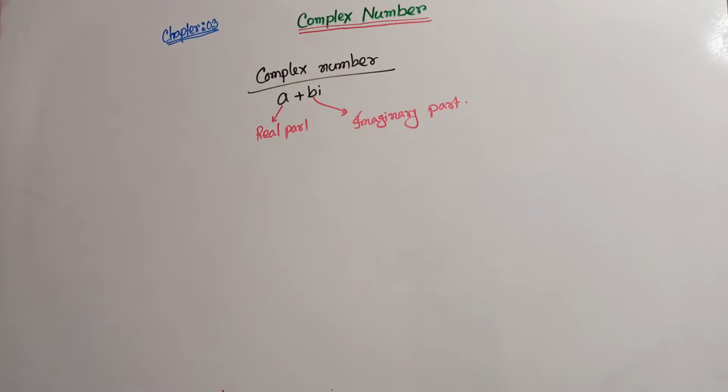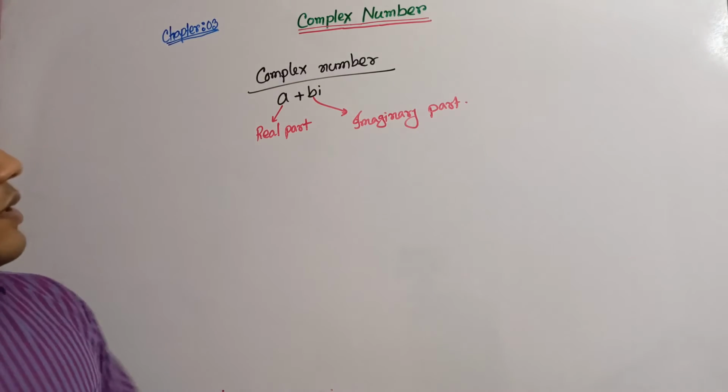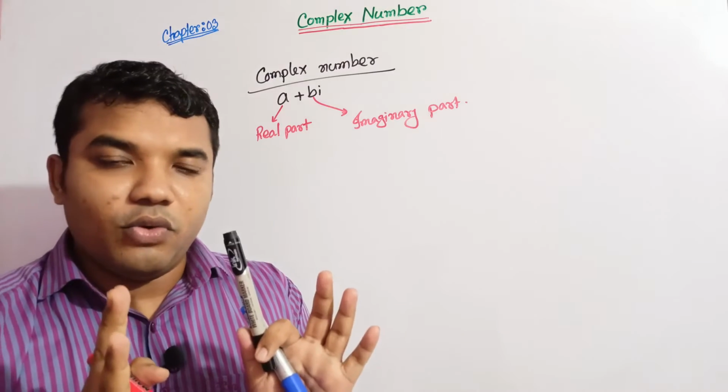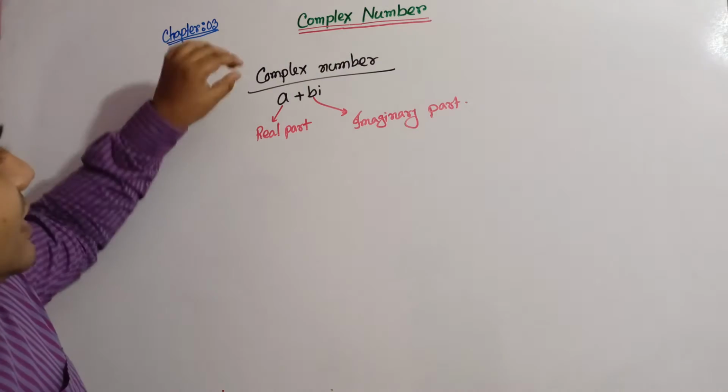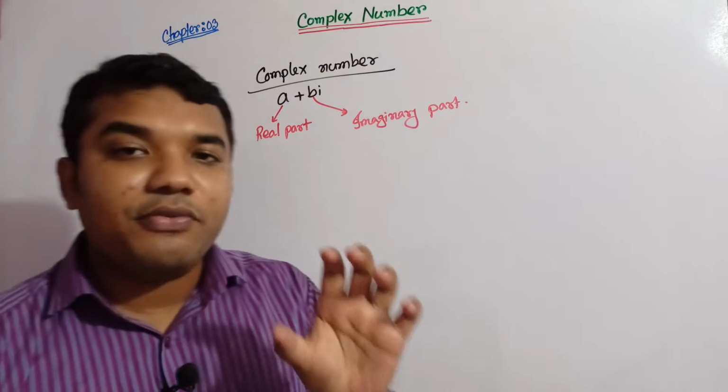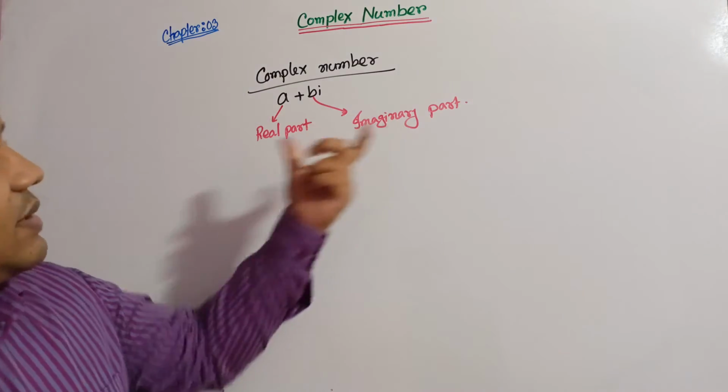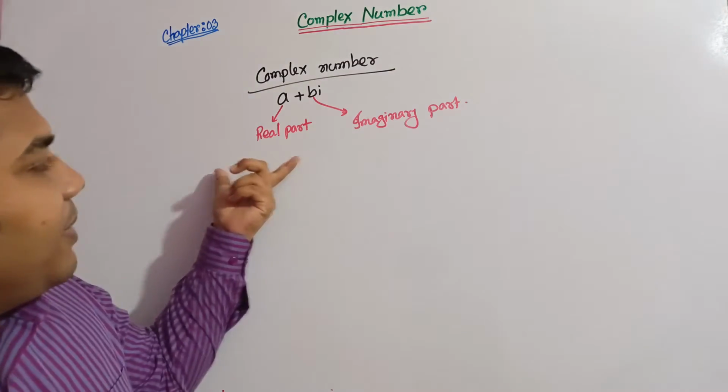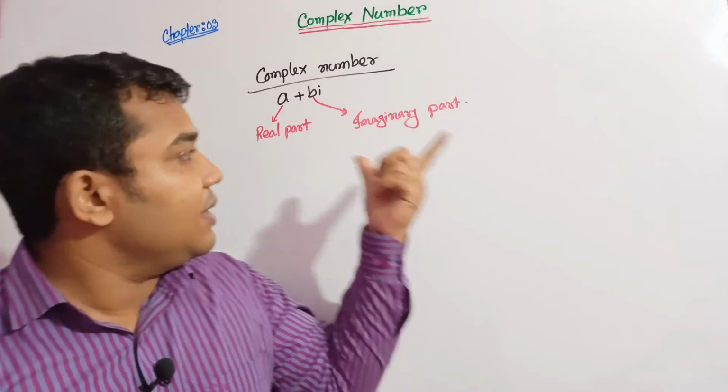So we can say that a complex number is formed of two parts altogether: one is the real part and another is the imaginary part.